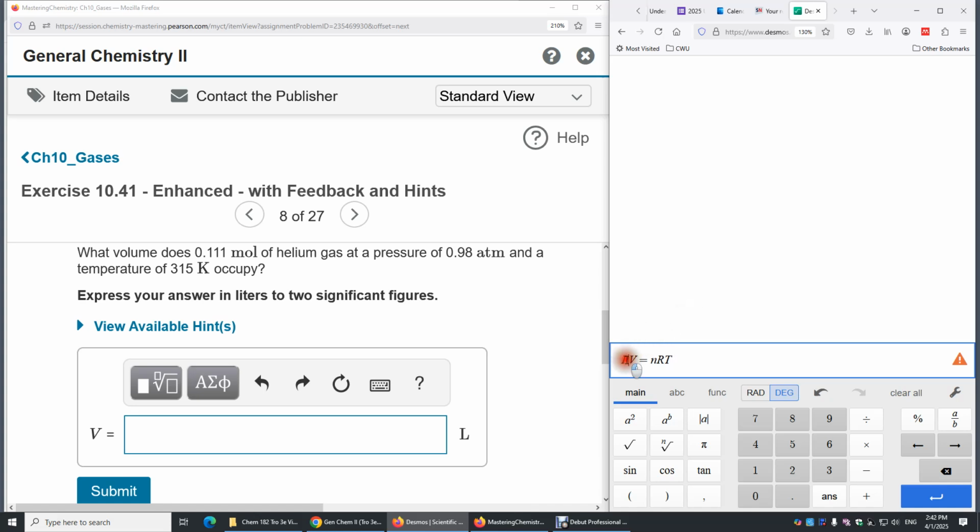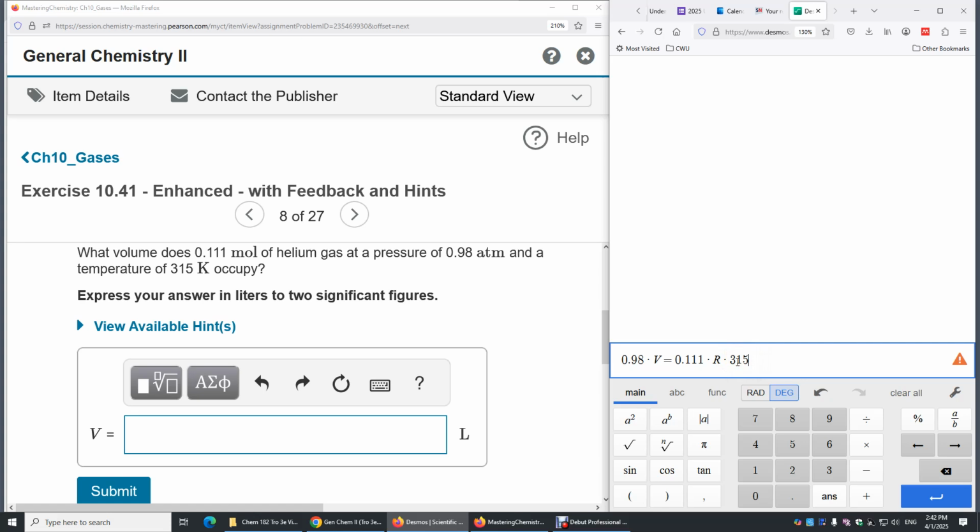The pressure is 0.98. The volume is unknown. We have 0.111 mole. And then let's enter the value of temperature first, 315.